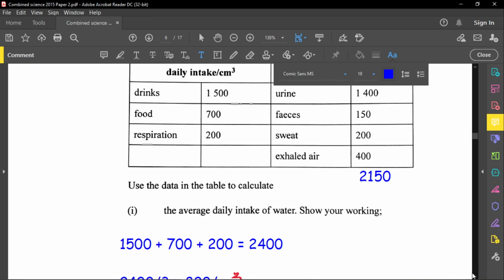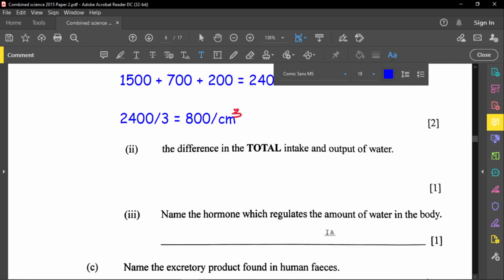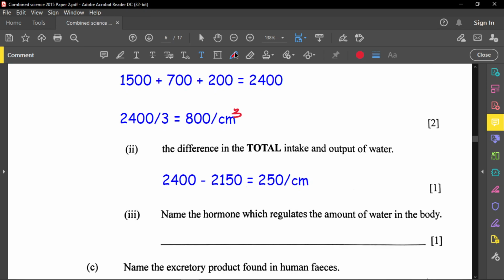All right, and so we're going to take the difference between 2,400 and 2,150. So the difference here will be 2,400 minus 2,150, and this will equal 250. Again, it is per centimeters cubed. All right, great.